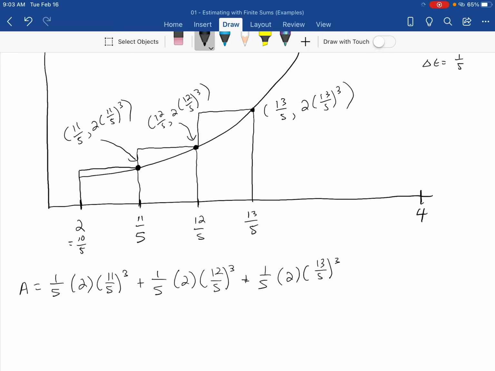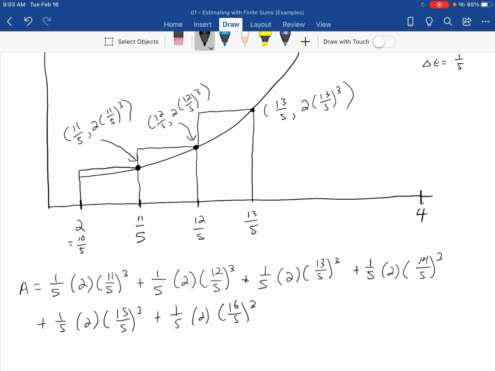I've done 3 rectangles here. I'm going to go again. 1/5 times 2 times 14/5 cubed. Then 1/5 times 2 times 15/5 cubed, plus 1/5 times 2 times 16/5 cubed, plus 1/5 times 2 times 17/5 cubed, plus 1/5 times 2 times, oops, I did add there.